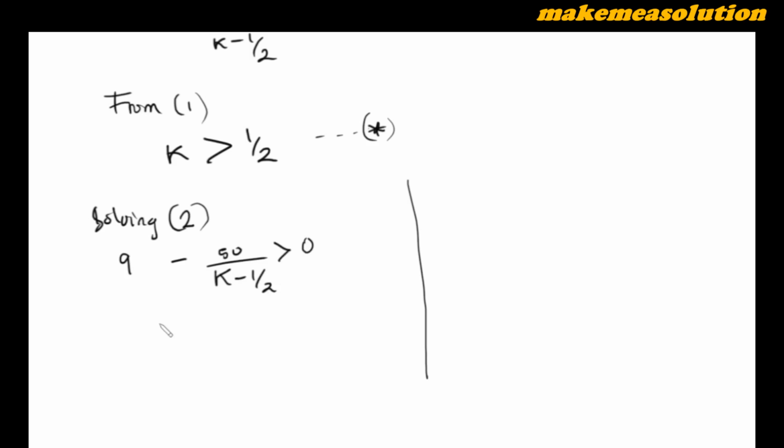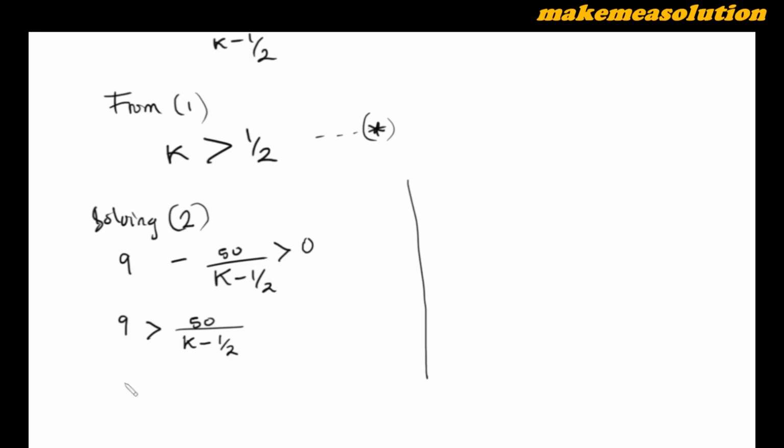So if we solve it in this way, first of all, I'll say 9 is greater than 50/(k - 1/2). Is that okay?